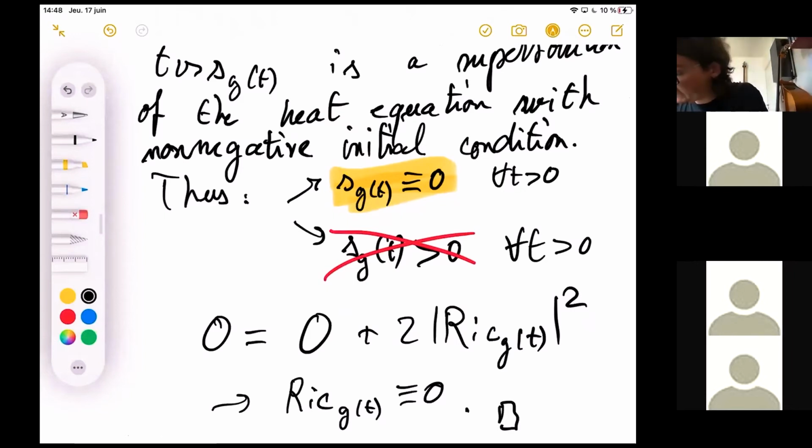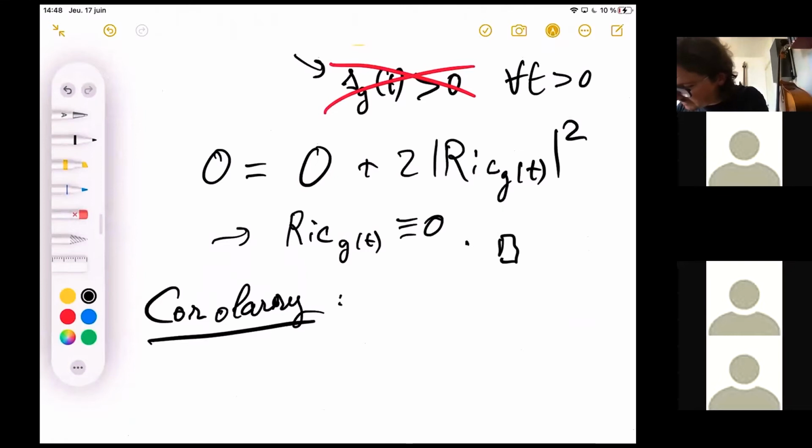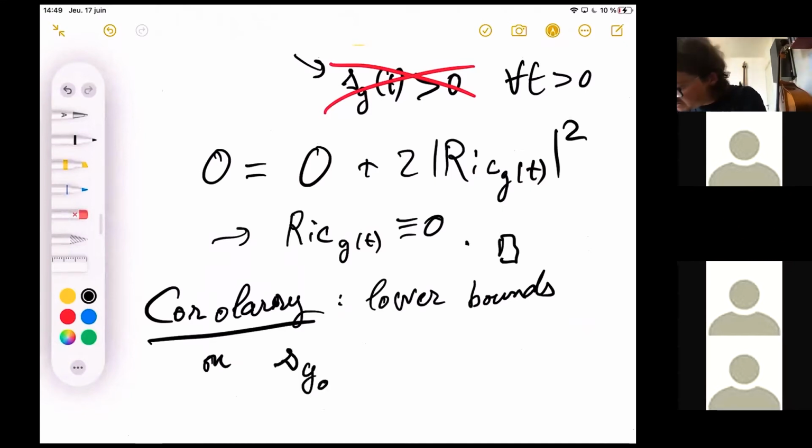Okay, so maybe a corollary of the same method, the proof rather, is that lower bounds on the scalar curvature of g naught are preserved by the Ricci flow.